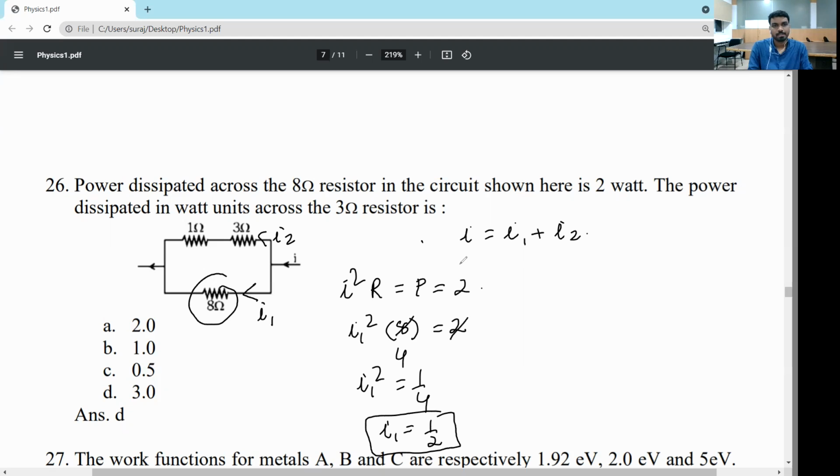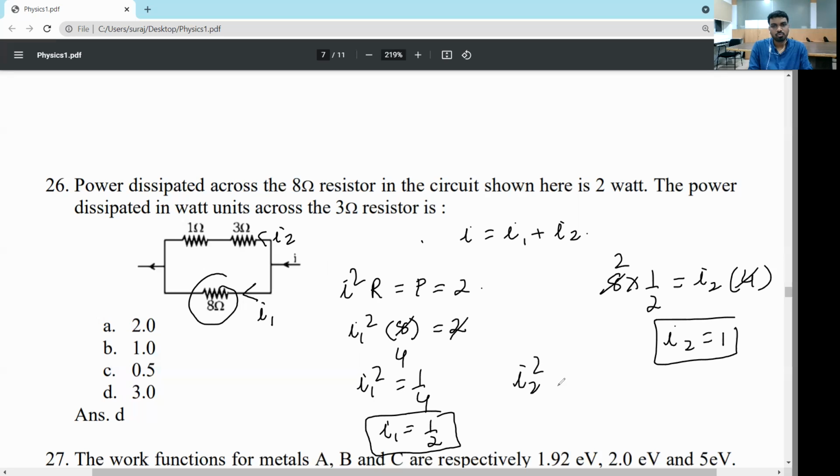I2 will be how much? This is 4. This is 1 by 2. So 8 times 1 by 2 equal to I2 times 4. So I2 will be 1. So power here is what? I2 square times 3. So I2 square means 1 square. Power will be 3. Option D.